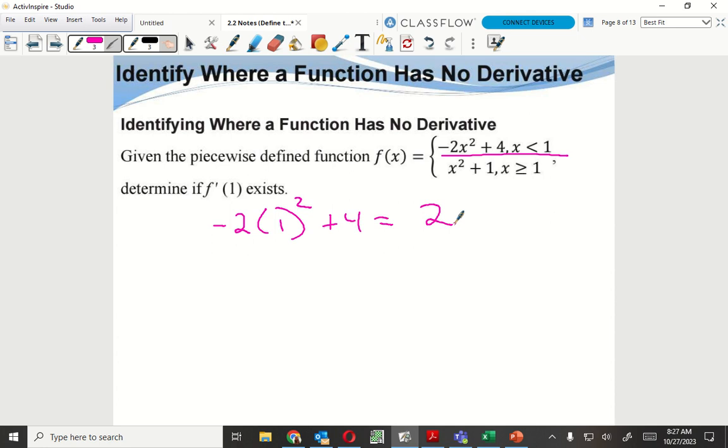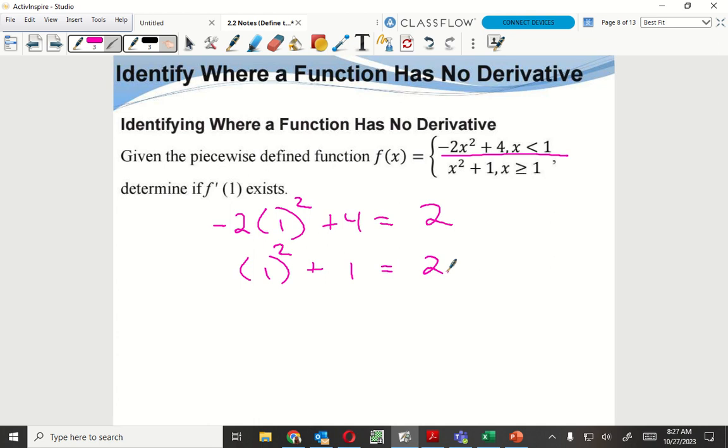Yes? Good. And then do it again. So 1 for the other side, squared plus 1, what does that give me? Does that give me 2? Say yes. Okay, good. It gives me 2.